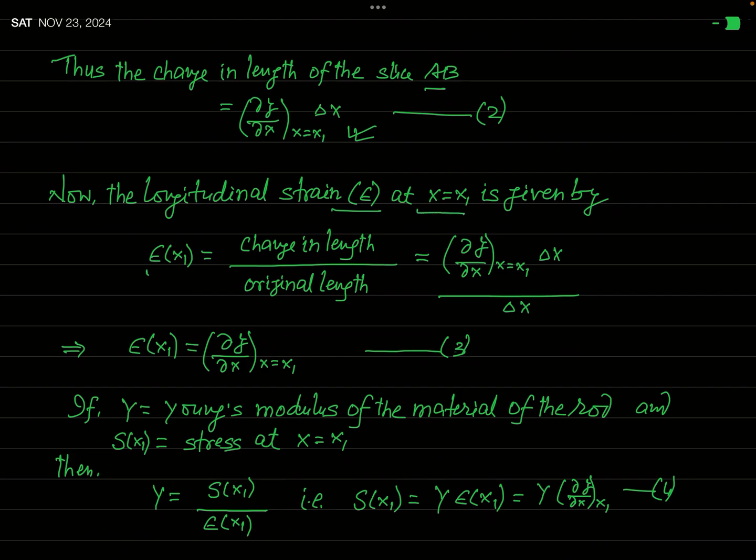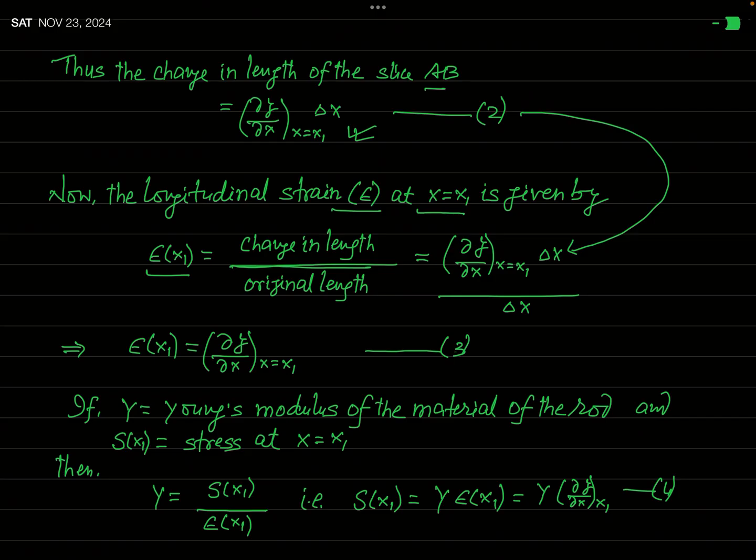This is given as epsilon of x1, and in accordance with the definition of longitudinal strain, this is simply change in length divided by original length. In this equation 2 you have obtained the value of change in length, so let us substitute it here and divide by the original length of that slice.